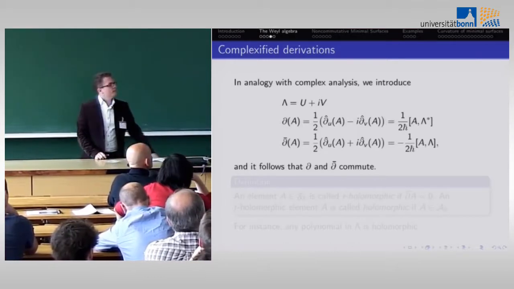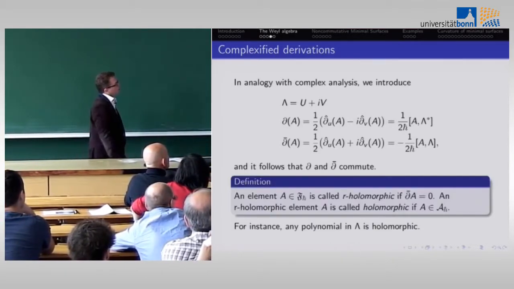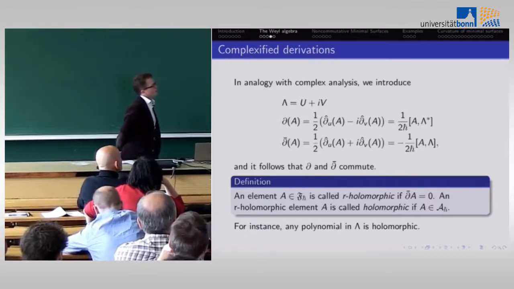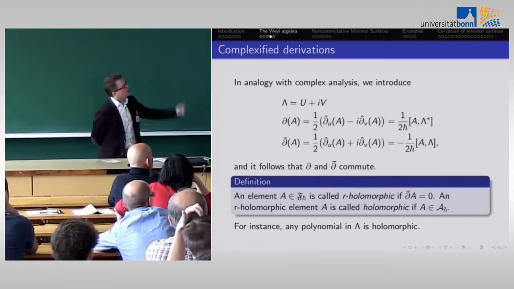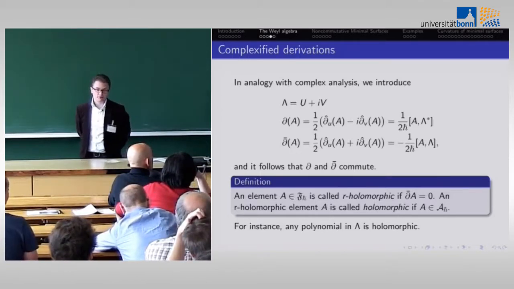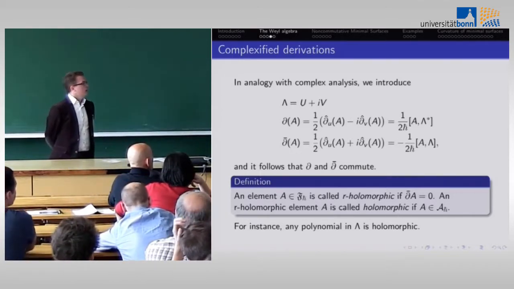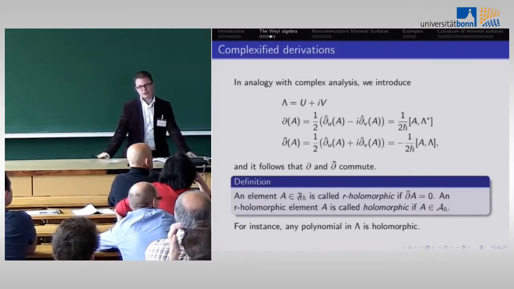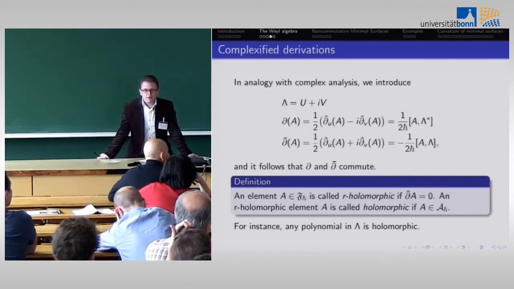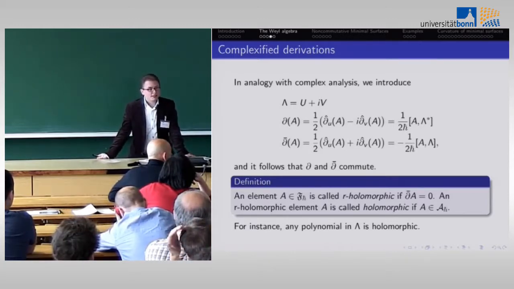And now some terminology that we need for this talk. So of course, it can be natural to call elements that are annihilated by the d bar derivative holomorphic. And we will. But here there is also the possibility of having rational expressions being holomorphic, which we would, of course, call meromorphic in complex analysis.